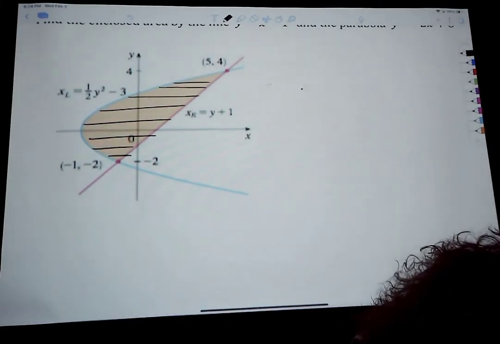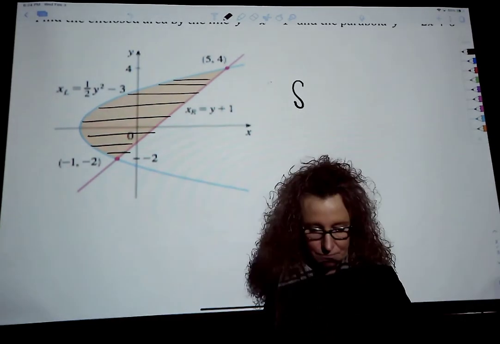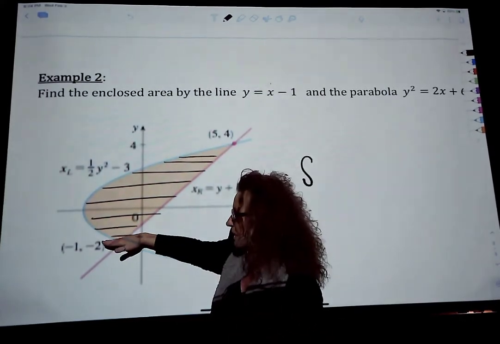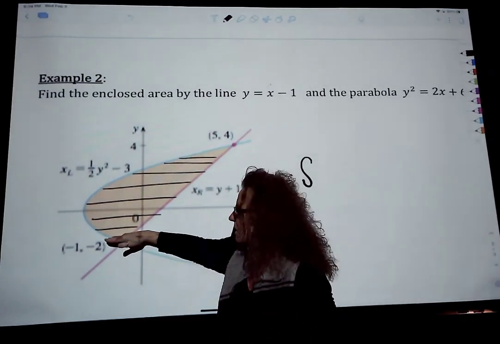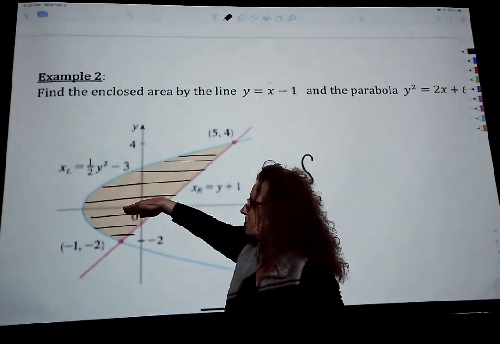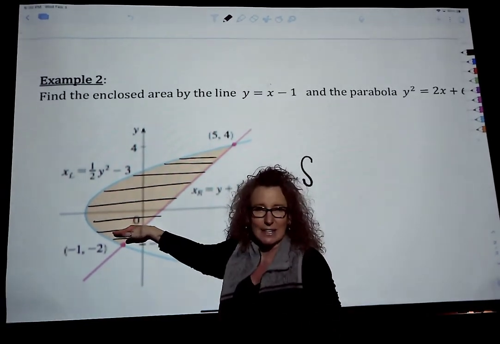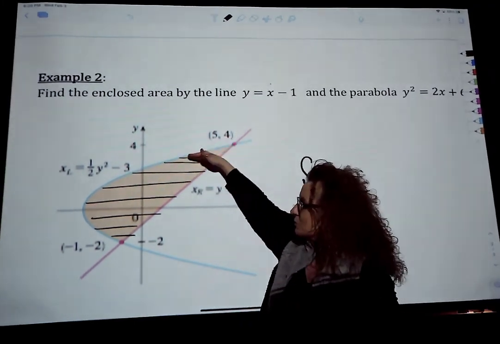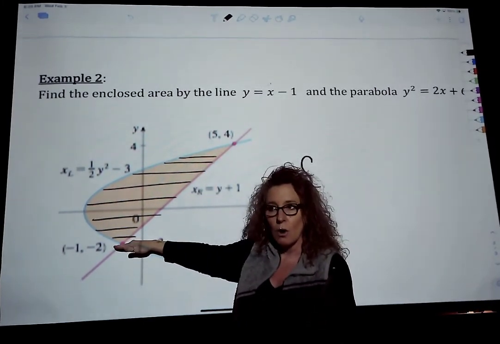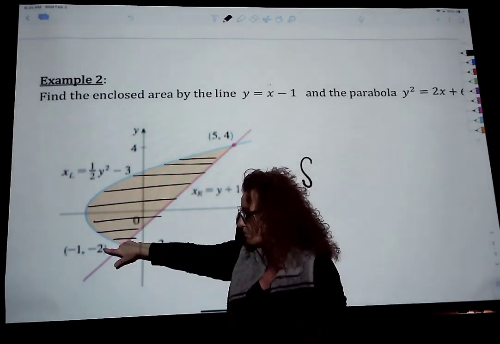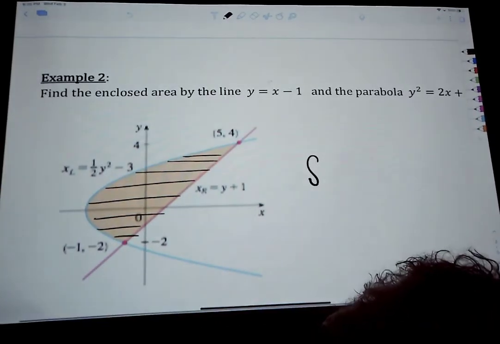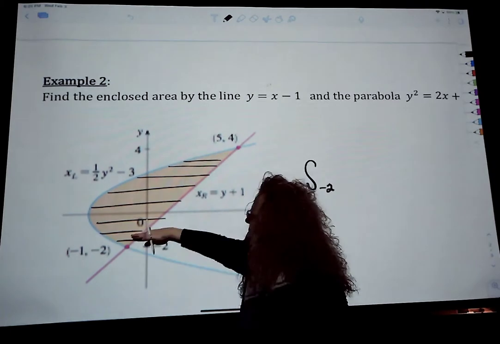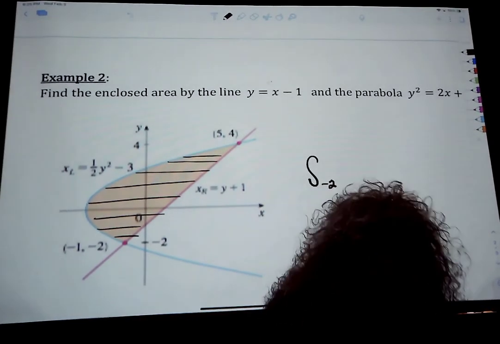So I'm going to go. Notice my rectangles start low, and I'm going to accumulate. We're like stacking rectangles, sort of. Accumulate all the way to here. So I'm going to start with a low y value and go to the high y value.